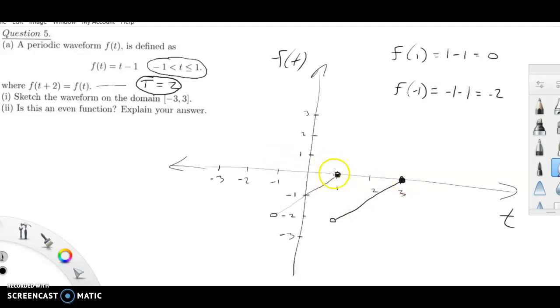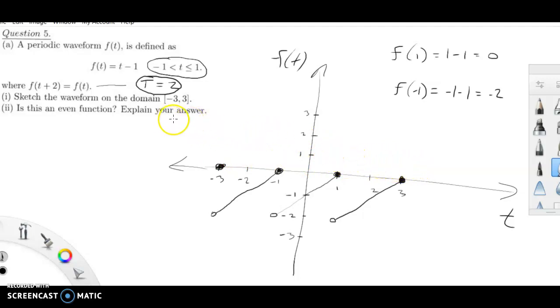Same here, 2 hops further back, 1, 2, we have a solid dot here. 2 hops further back from this hollow dot, we have a hollow dot underneath our minus 3 here. And the final bit, 2 hops back from this solid dot, we'll have another solid dot here. So that's sketching the waveform between minus 3 and plus 3.